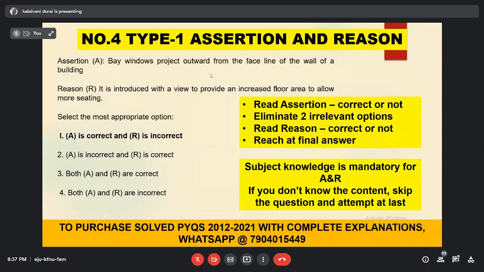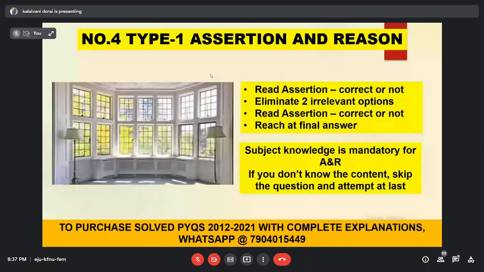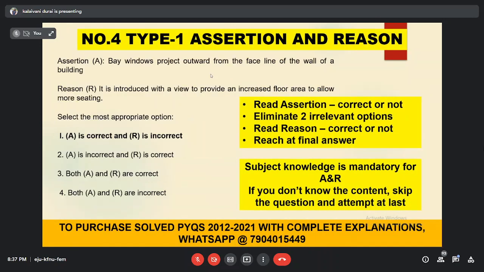Most likely, usually these bay windows are used in big houses like bungalow type houses, होते हैं ना, वहाँ पे use होता है. They put this so that you can see the outside world properly. बाहर का जो garden है या बाहर का जो play area, whatever is there, to see that they put this bay window with a better view. If you just imagine and think and use your brain also, you should understand that the reason is not correct.